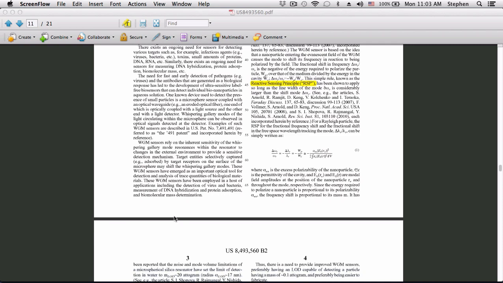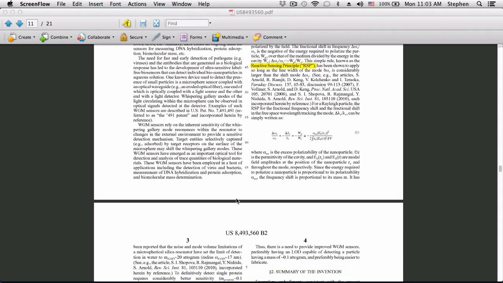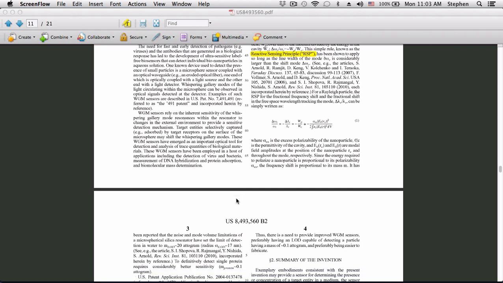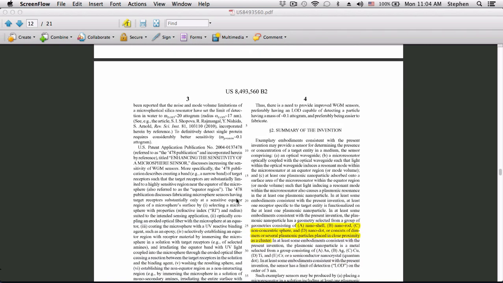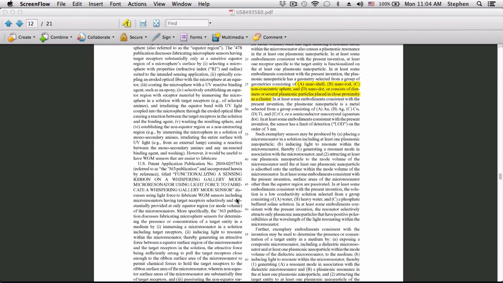This is the way this was interpreted. It's just that the field at the surface of the plasmonic particle, which is near resonance with the whispering gallery mode, is much greater than for the naked cavity itself.